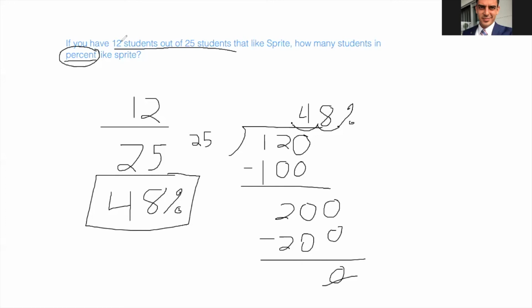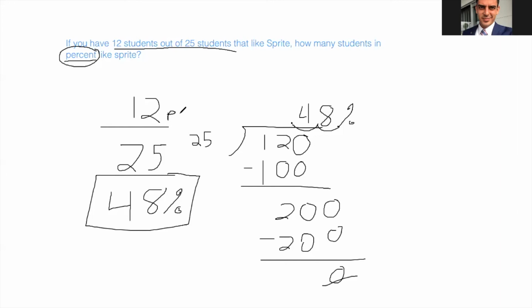So anytime that you see something like that, 12 out of 25, things like that, they're talking about a fraction. That's the key word. Whenever it says a number out of another number, I know that we've done this in class several times. This is what that means. 12 out of 25 in total.